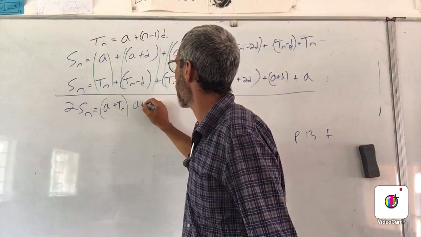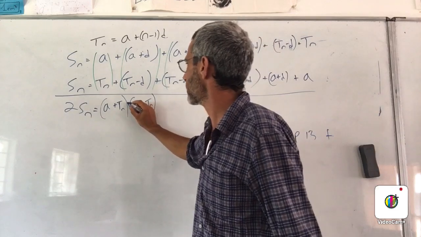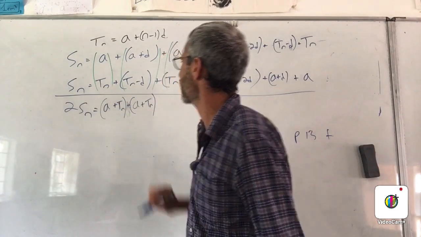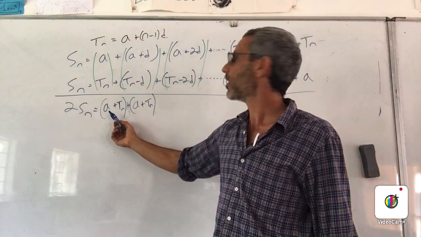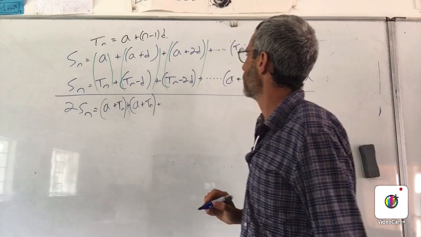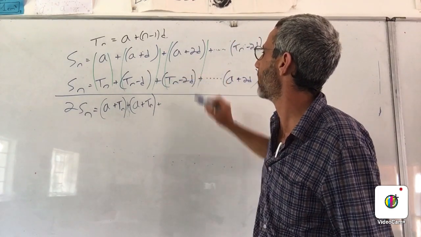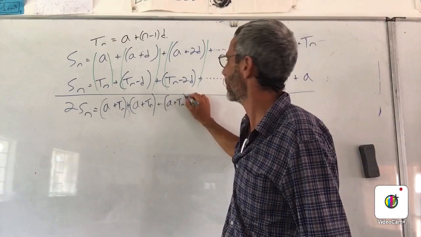Exactly. Or I'll write it down as A plus Tn. We're not multiplying them, we're adding these things. It's kind of the same, isn't it? Maybe it was just a coincidence. What is A plus 2D plus Tn minus 2D? A plus Tn. Wow, that's quite nice.